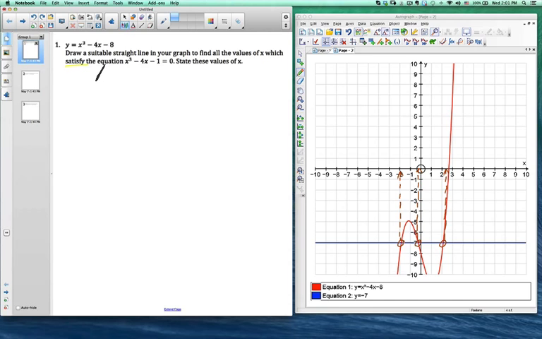So y equals x cubed minus 4x minus 8 is the first line, and the second line is y equals 0 with x cubed minus 4x minus 1.